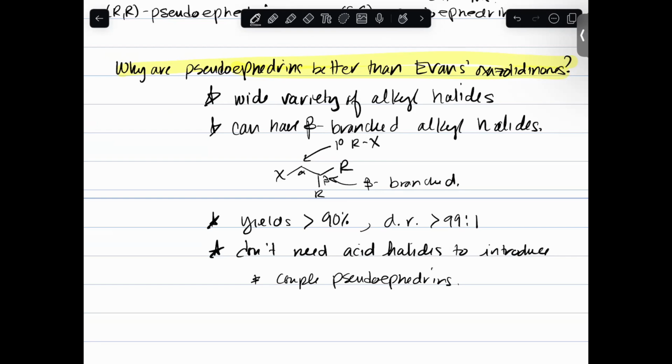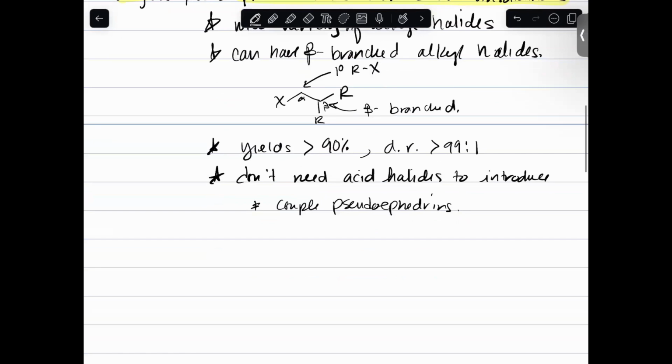And what I'll do is I'll introduce the methodology just like I introduced Evans oxazolidinones, in 4 parts. So how does this work?